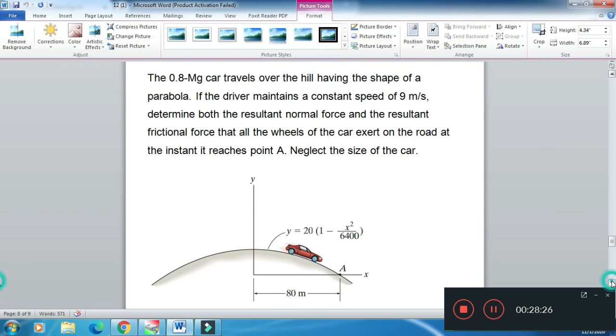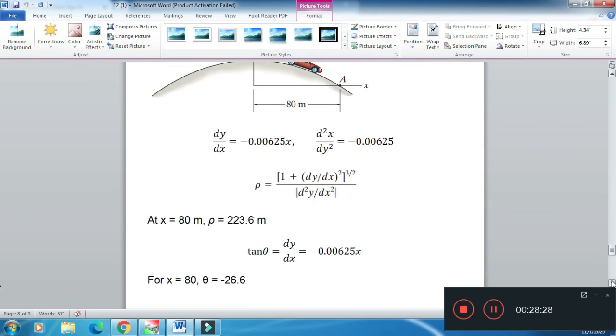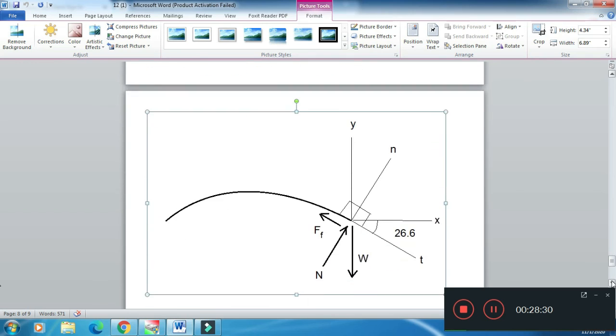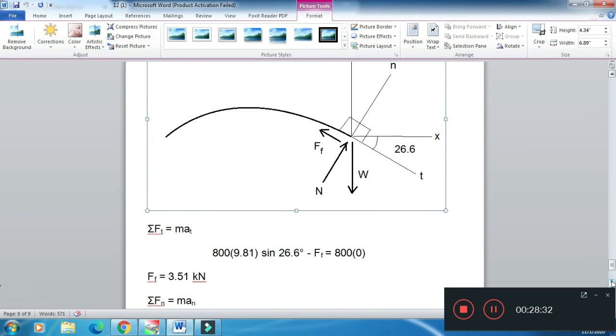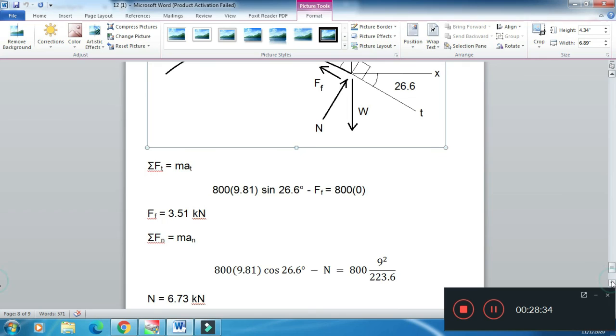We substitute velocity equal to 9, and radius of curvature is 223.6. So this will give a value of 6.73 kilonewton.